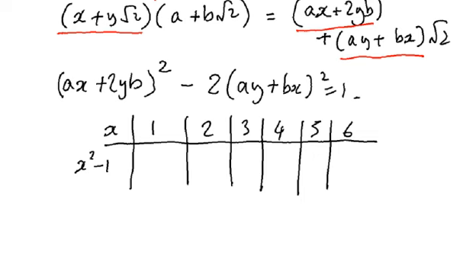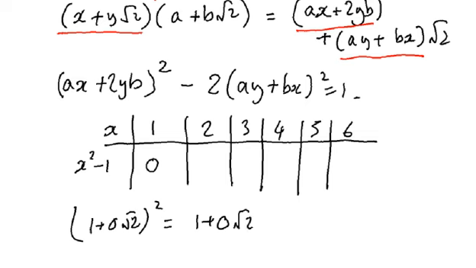Right, so 1 squared minus 1 is 0. Well, that would fit, and that is a solution. The only trouble is, 1 plus 0 root 2, if I square it, is 1 plus 0 root 2.